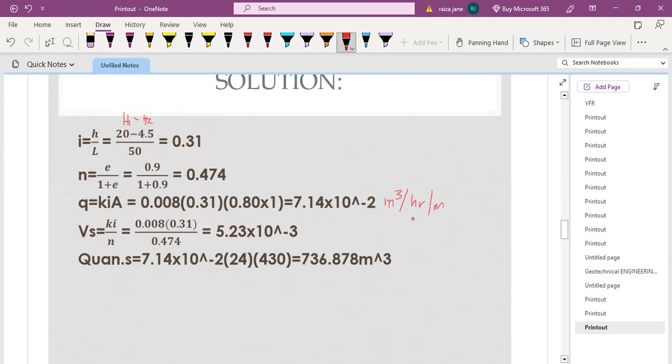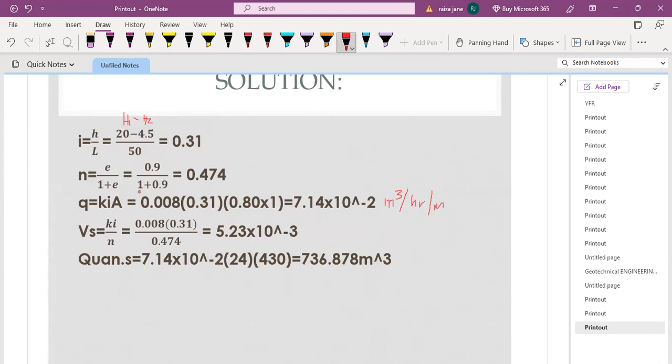Yan. Yun yung unit natin sa flow of rate. So, the rate of seepage will be 7.14 times 10 raised to negative 2 cubic meter per hour per minute.